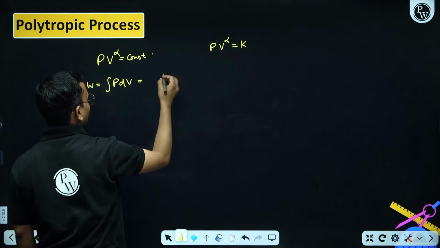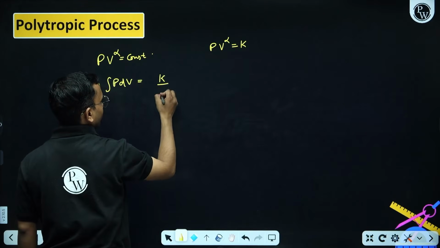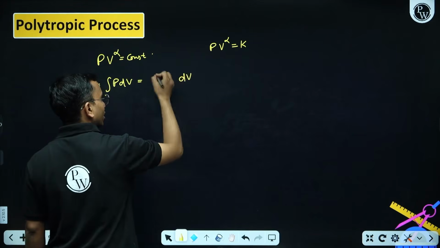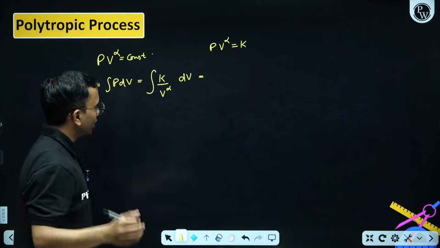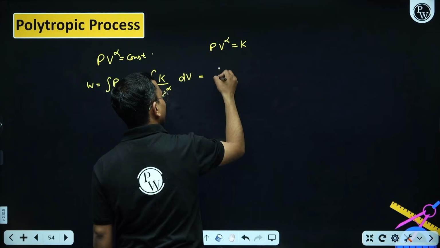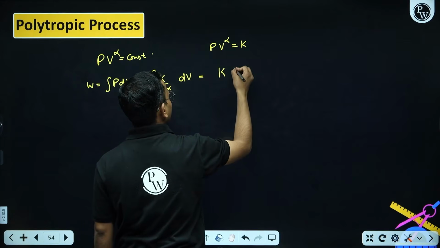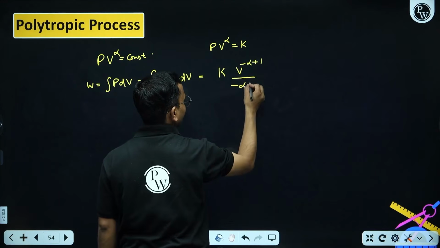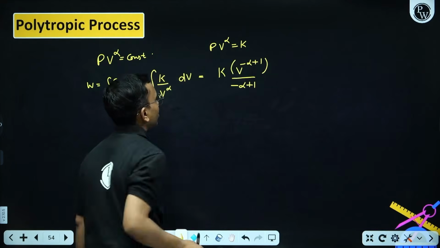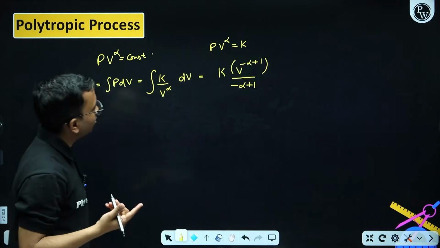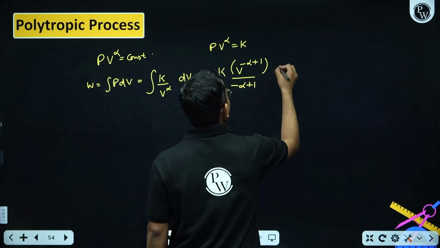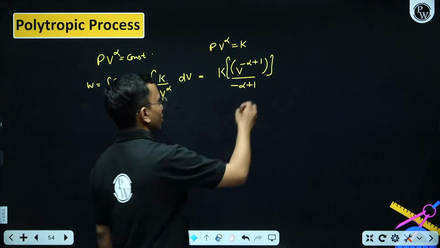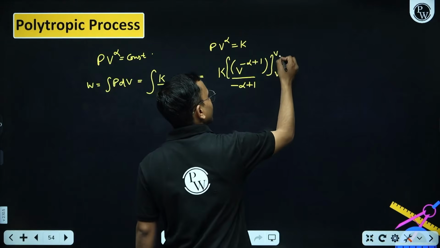So P is K by V to the power alpha, isn't it? dV integration. K is constant, I'll take that out, V to the power minus alpha. If I integrate it, this will become V to the power minus alpha plus 1 divided by minus alpha plus 1. The limit will go from initial volume V1 to V2.